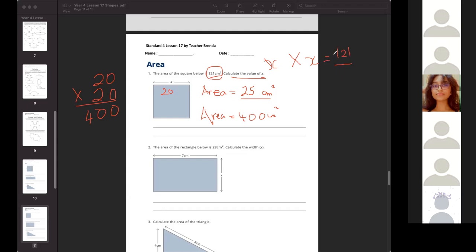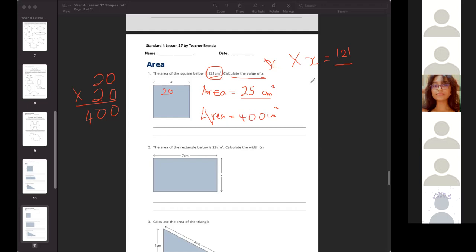What number could it be? 11 times 11. Yeah, please, you can type that, or you can write it out, guys. Okay. Anyway, it's okay. You got excited. That's right. Okay, it is 11. 11 times 11 will give you 121 centimeters squared.